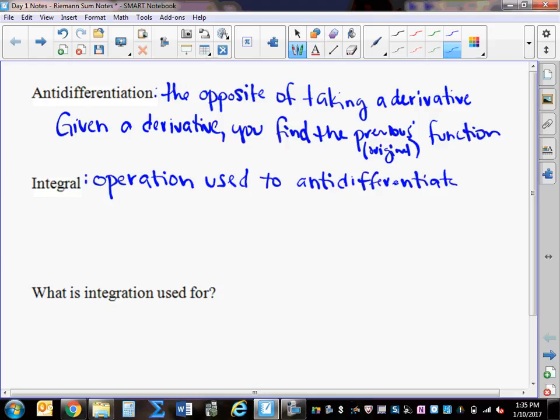This operation looks like a really elongated S. Now, it's an operation similar to how square root is an operation. For differentiating, for derivatives, we use d dx, or the prime notation. So this is used to indicate that we're going to integrate something, take the integral of it. So you'll see it's written as this elongated S of some function.